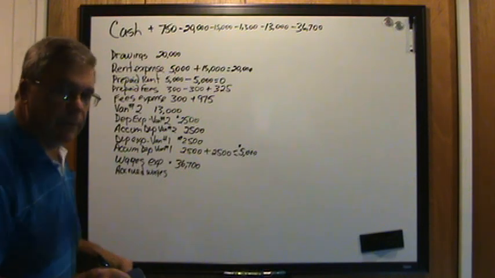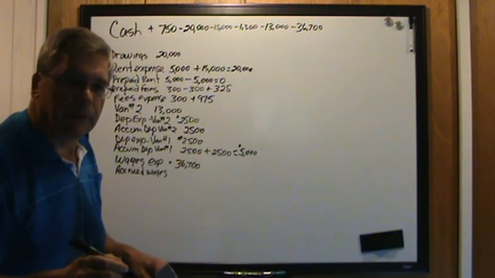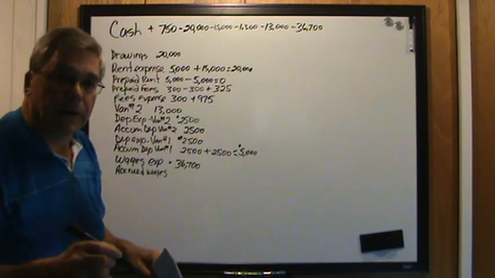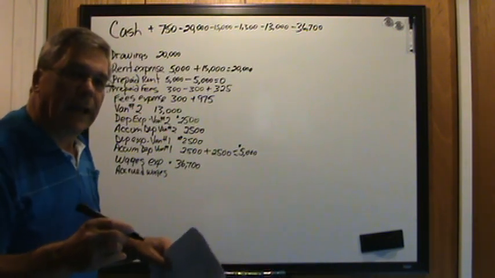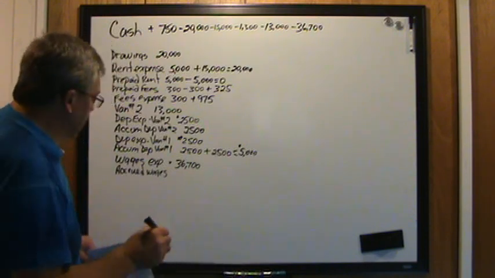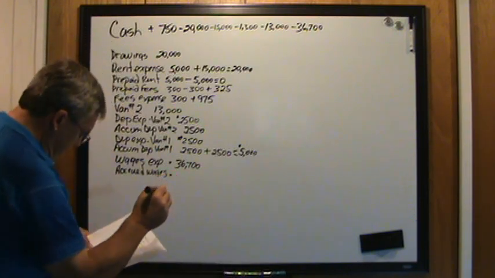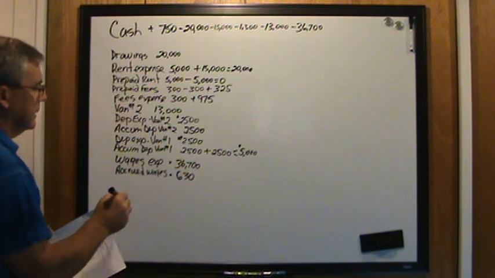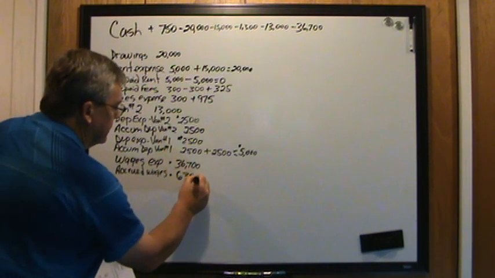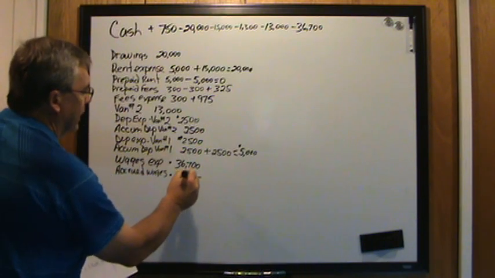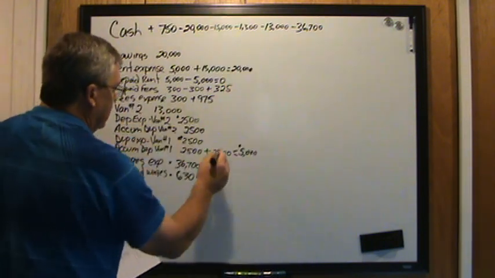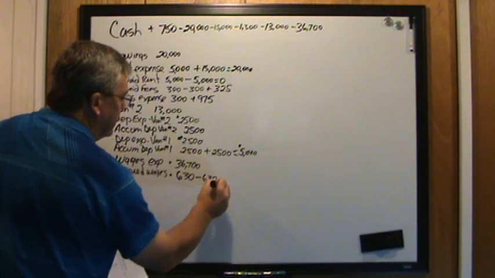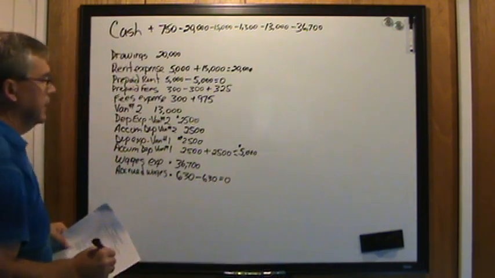I think I might have misspoke and referred to this earlier as prepaid. It's not prepaid. In fact, that's the issue. It's accrued and it's been expensed but not paid. So we have $630 of that. Now to bring that to zero, okay, we have paid the $630 now in cash to bring this to zero.